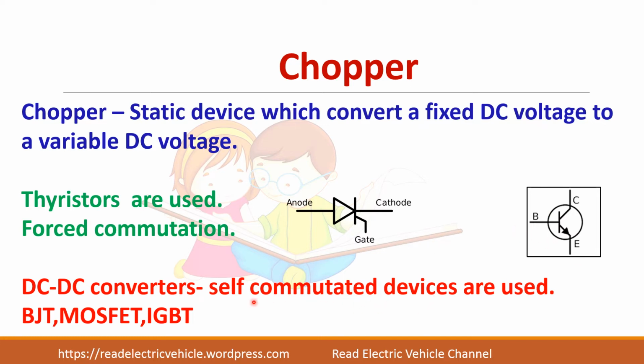So today we are using only DC-DC converters with BJT, MOSFET and IGBT because they can be used at very high frequency applications. But the basics lies with chopper. So we will study first chopper, understand the basic behind chopper, and then we will go to DC-DC converter.